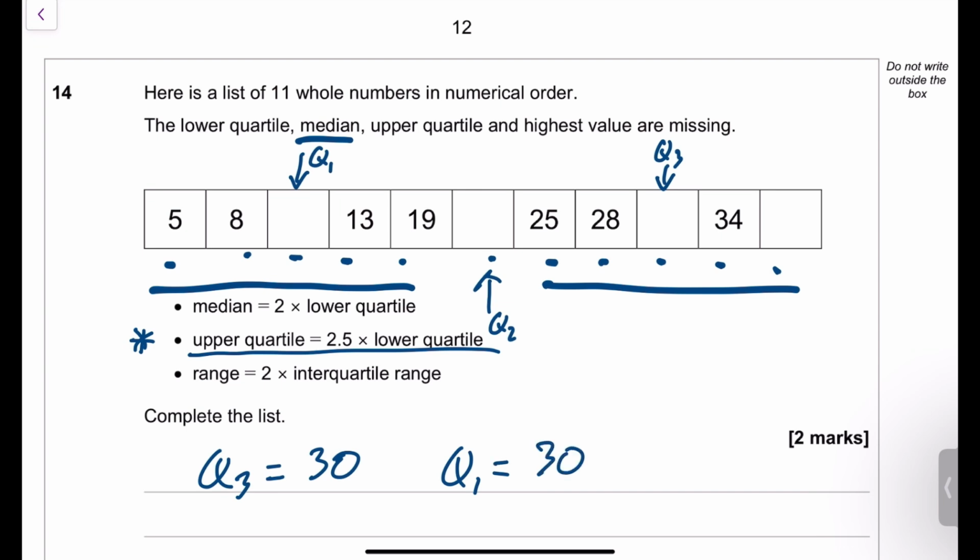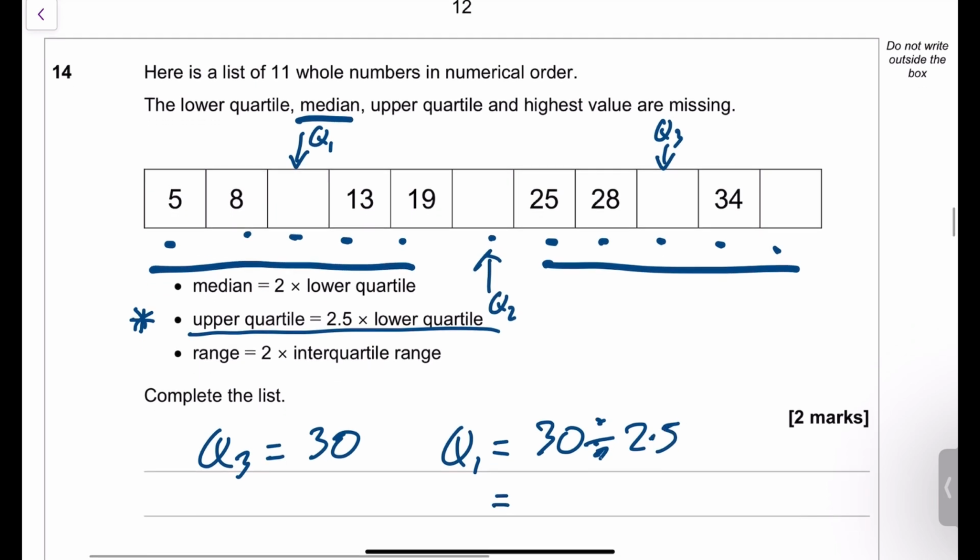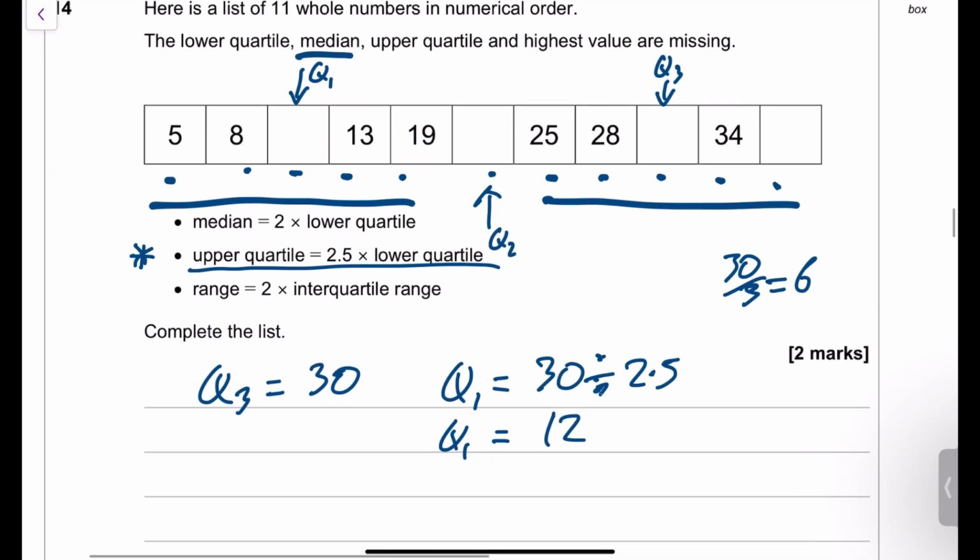So my lower quartile will be 30 divided by 2.5. I've picked a whole number which is going to work when you divide it by 2.5, because 30 divided by 5 would be 6, so 30 divided by 2.5 would be 12. So that would make sense.